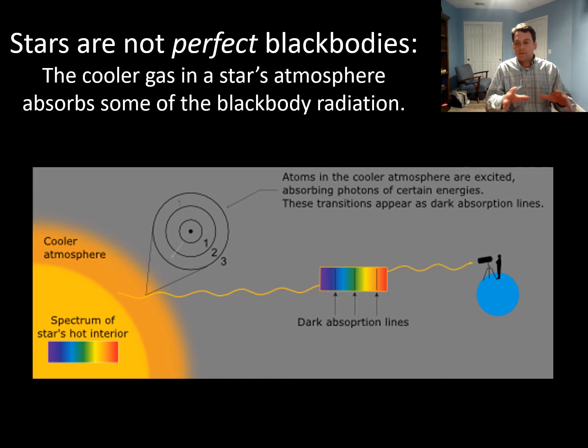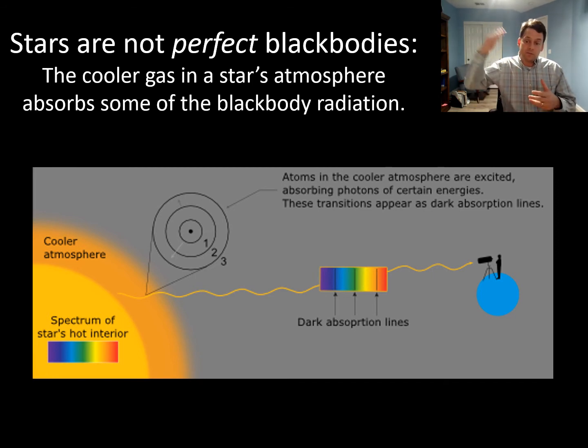I've told you before, if you remember nothing else about this class, please learn and remember that stars are not made of gas, they're made of plasma, right? Within the star, it's just much too hot for stable atoms to exist, and so the electrons are stripped off by all the thermal energy, and so you have a plasma consisting of free electrons and nuclei.